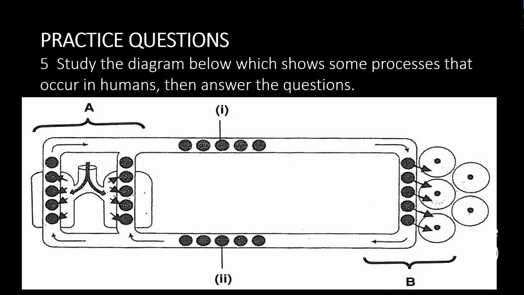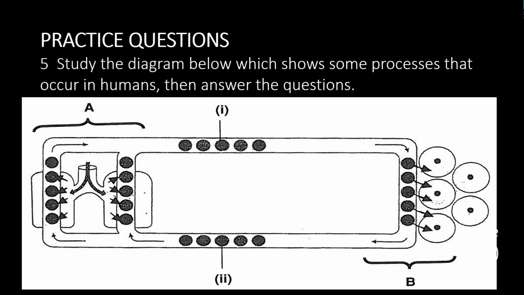This one is an application question, and it's something you've never seen before, but you can work it out. You have to think. You look at the diagram and you say, right, what is the diagram telling me? There are some processes that occurring in humans. So let's look at what we've got here.